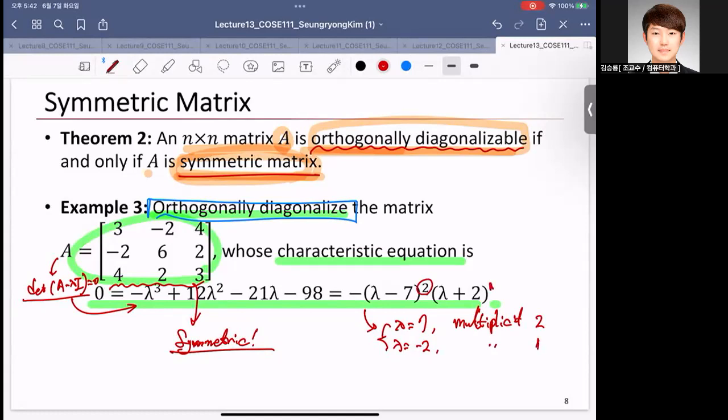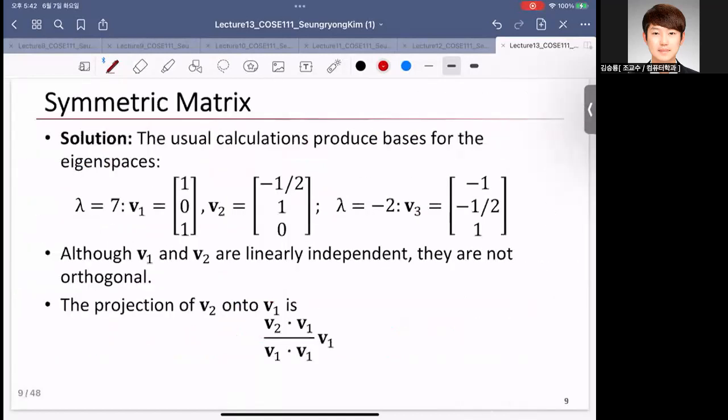Then let's find the eigenvectors. Usual calculation produces a basis for each eigenspace. When lambda is equal to 7, we find A minus 7 I equal to 0.